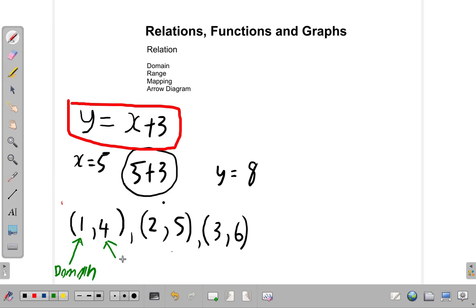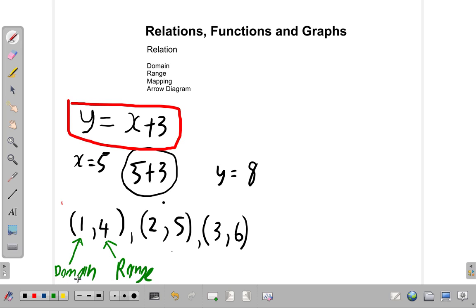And then what you get out of the relation, what the relation puts out, the output, is called the range. One way you can try to remember which is which is to say the number that you put in is going to determine what happens at the output. So the first number will dominate what happens after.